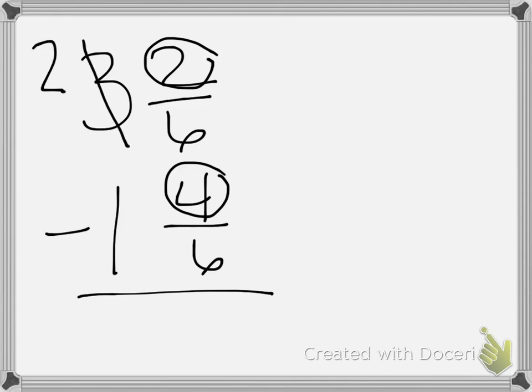What's left is 2. And then we're going to add a whole to 2/6. And the way that we're going to do that is add 6 over 6. The reason why we're writing it like that is because 6 over 6 is equal to a whole, and then we have 6 as our common denominator.